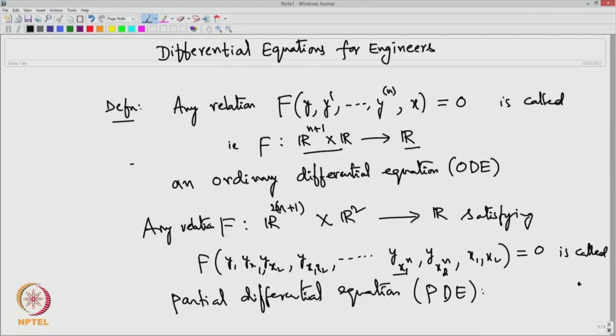What we do is we go only up to two derivatives, and the independent variables are two. That is a second order partial differential equation in two variables. Because you have more than one independent variable, this is a partial differential equation.